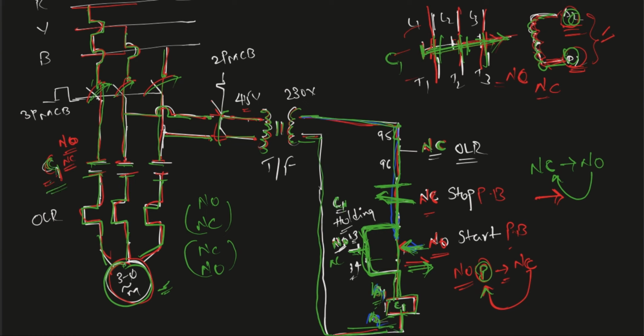The second case is a fault in the OLR, the overload relay. If by any chance your motor is drawing over current, that is, your motor is taking overload and drawing more current, this OLR gets activated. When this OLR gets activated, it is similar to a contactor: its normally closed switch changes to normally open.